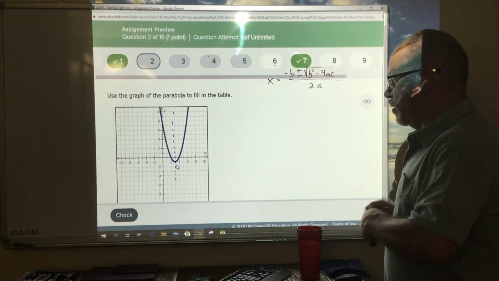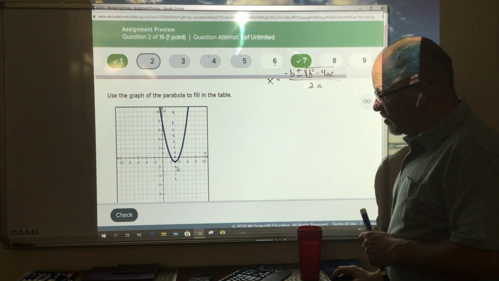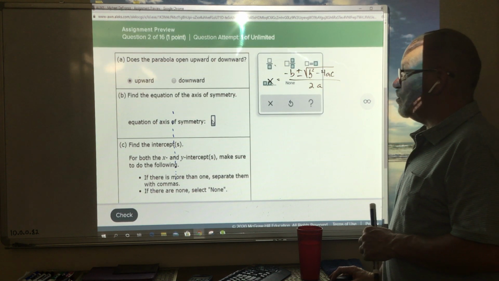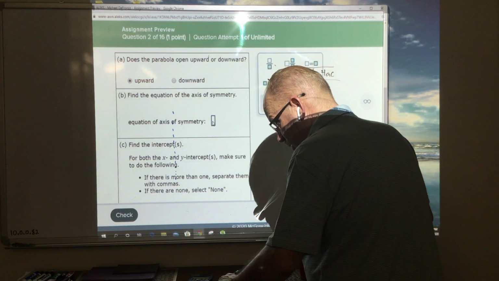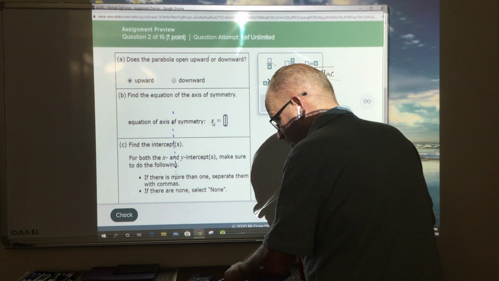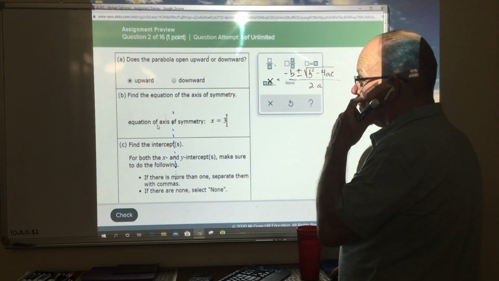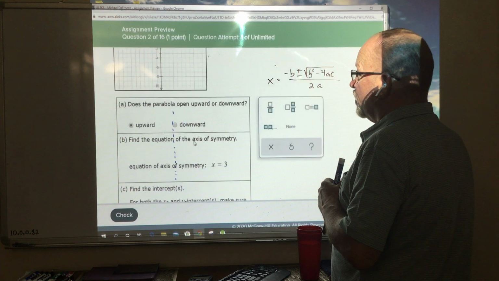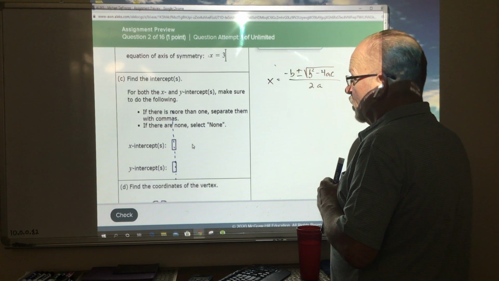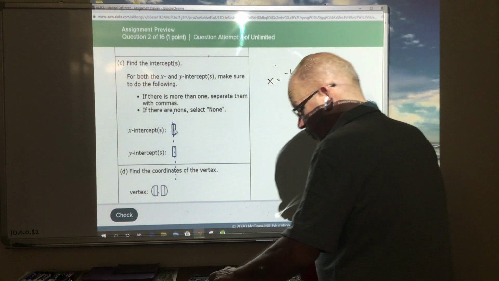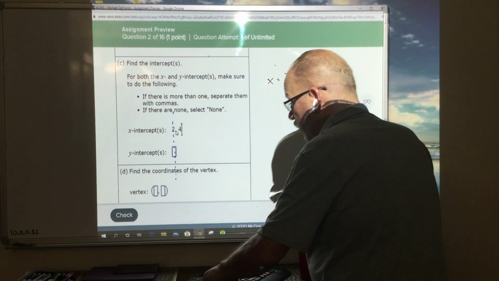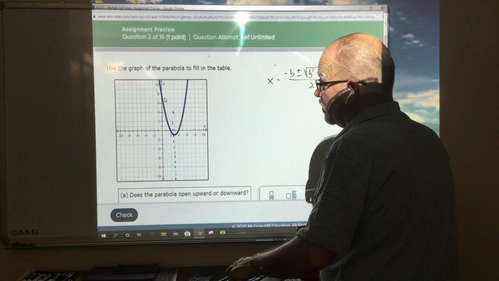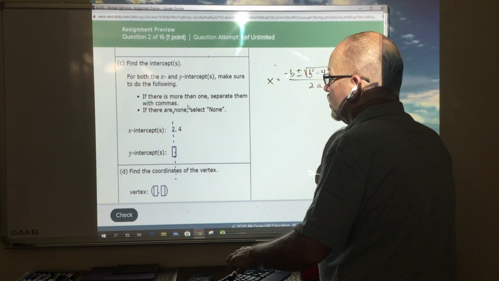And the vertex is going to be the point 3, negative 1. So the equation of the axis of symmetry is x equals 3. Okay, find the intercepts. X-intercepts at 2 and 4. Y-intercept, was that 0, 8? It is 0, 8.